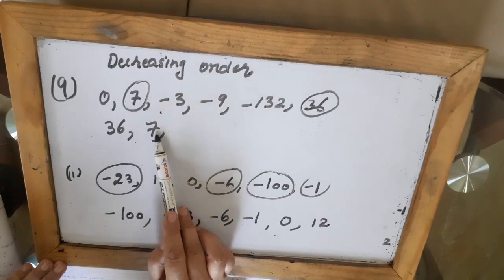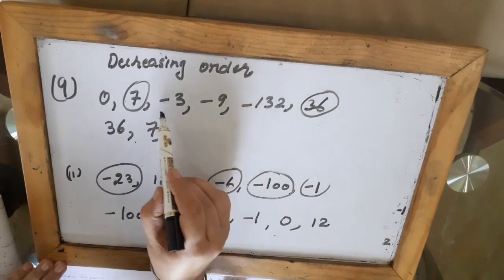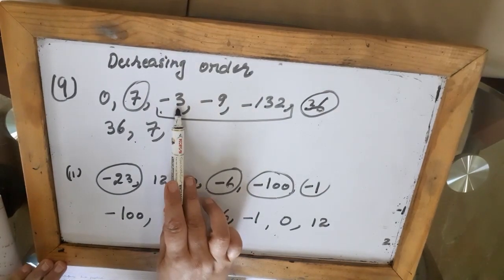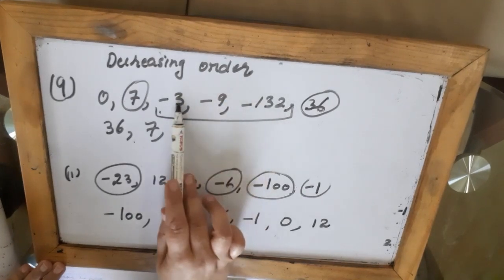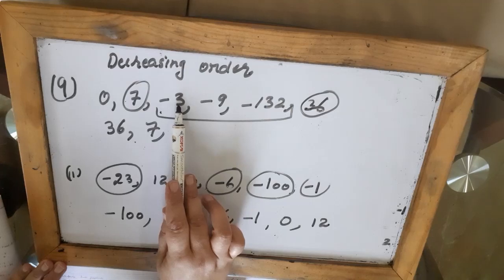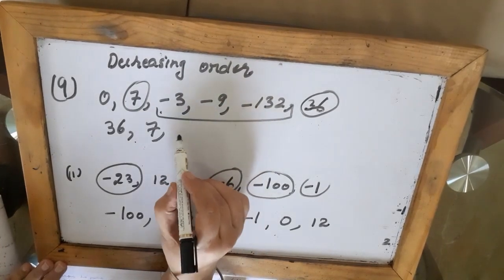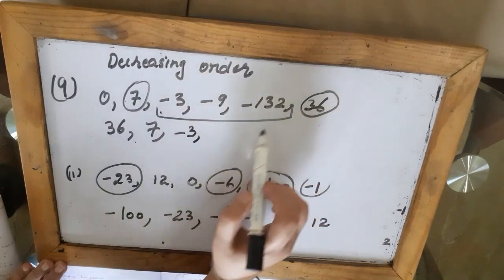Then comes 7. Now I have to look from the negative integers, and as you know, the smaller the negative integer looks, its value is greater. So this smallest integer among these three is looking smaller, but it is actually a greater number. So minus 3 is greater than all these negative integers.